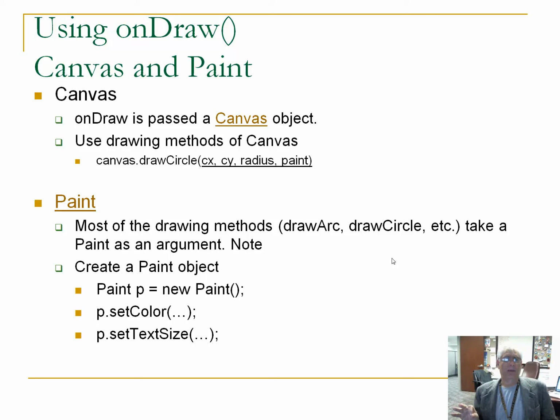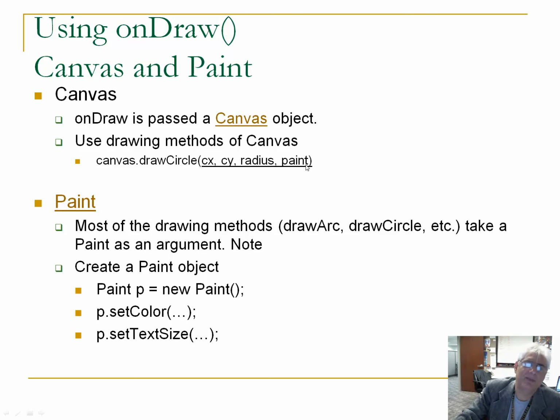So these are what we use to actually draw. Now notice they all have a parameter list, and the parameter list is appropriate to the type of geometry being drawn. So let's take the case of a circle. We've got center X and center Y and a radius. So where's the center of the circle and what's the radius?